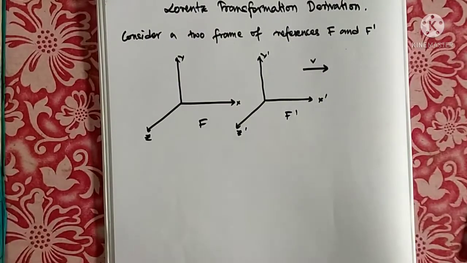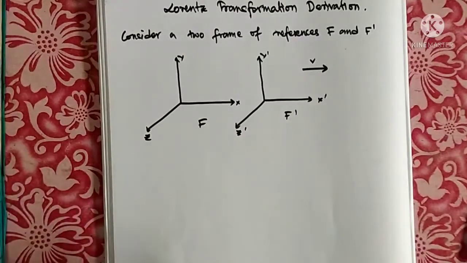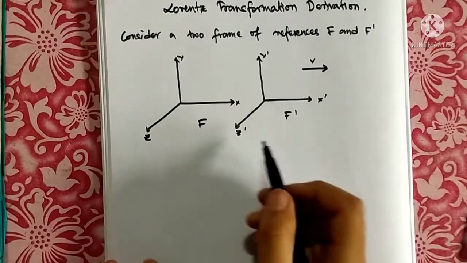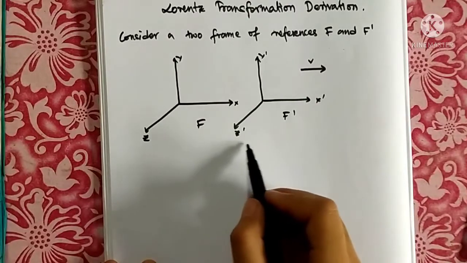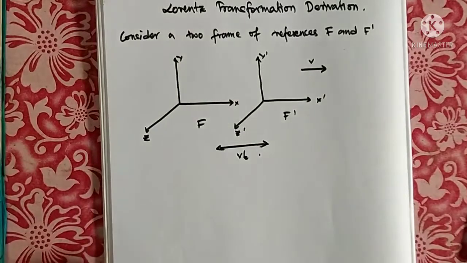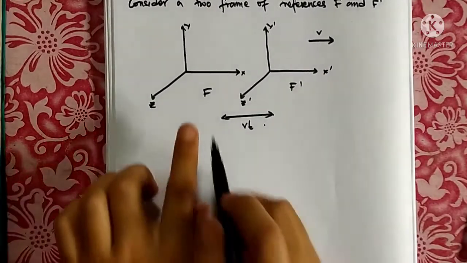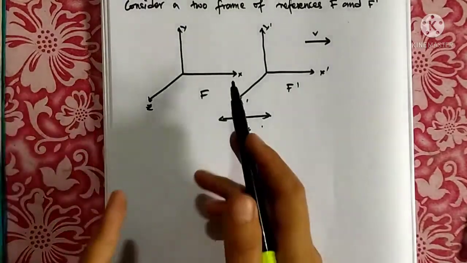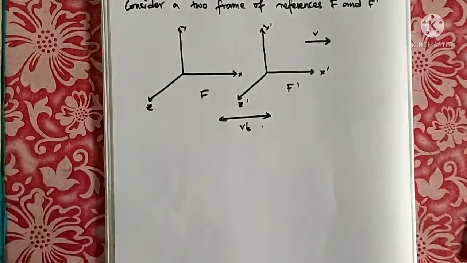After some time, or after time t, the frame of reference F prime has moved a distance vt. Now the coordinates in frame F are x, y and z, and in reference frame F prime we have x prime, y prime and z prime.